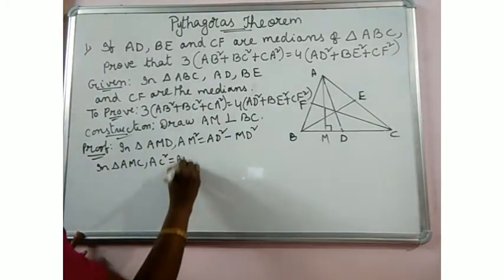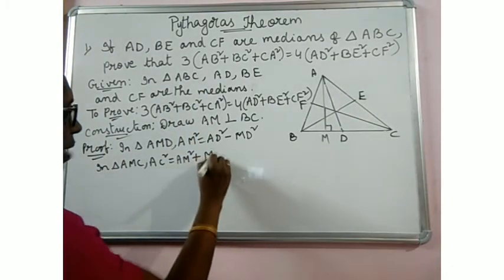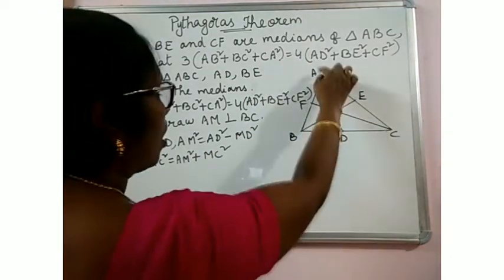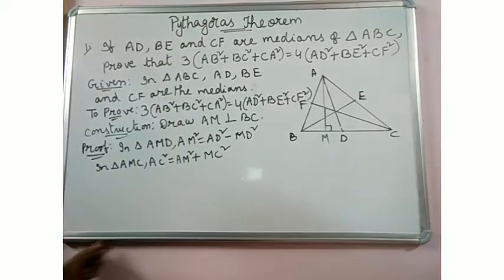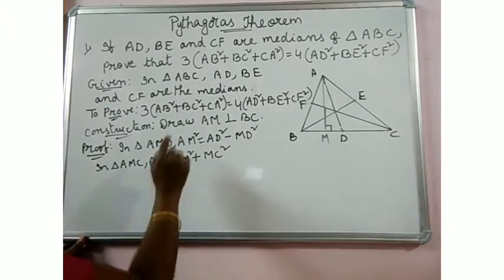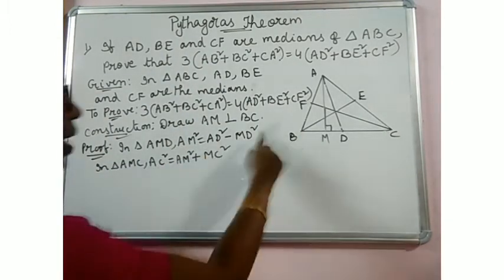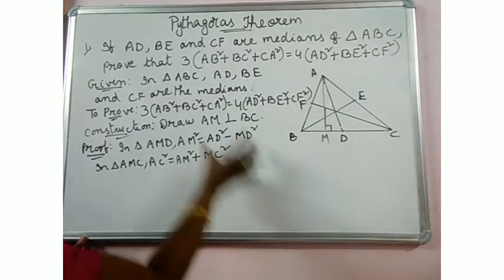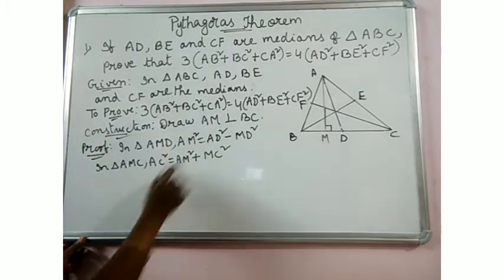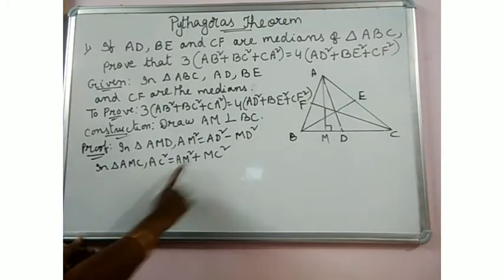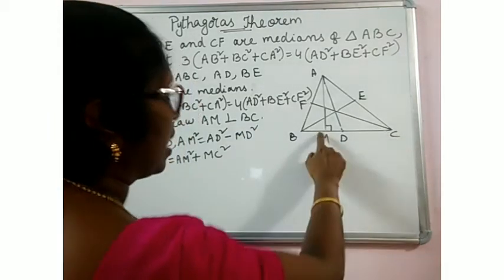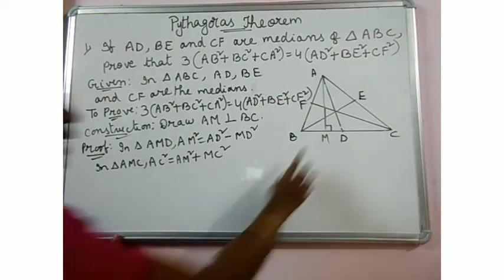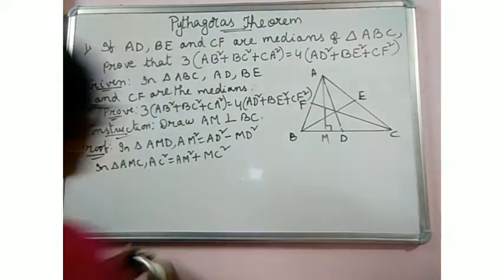So AC square is equal to AM square plus MC square. So hypotenuse square is equal to perpendicular square plus base square. We got AM square equal to AD square minus MD square. Now this value of AM square, let us substitute here, and MC is MD plus DC. So in place of MC, let us substitute MD plus DC.